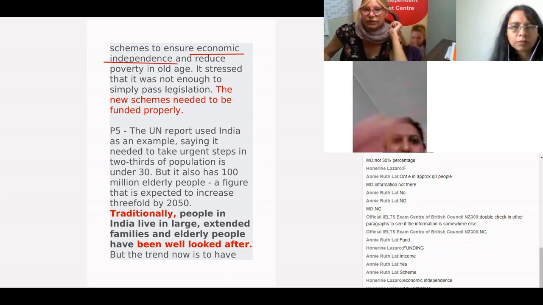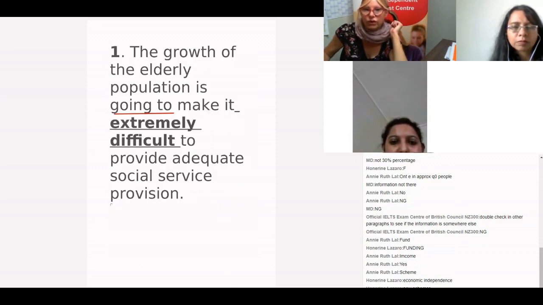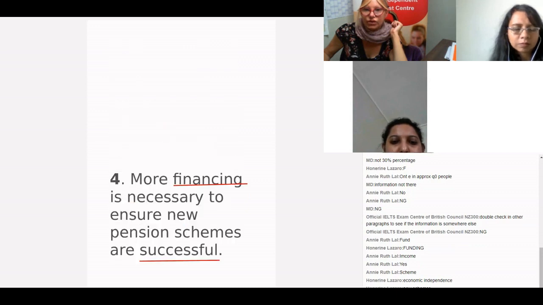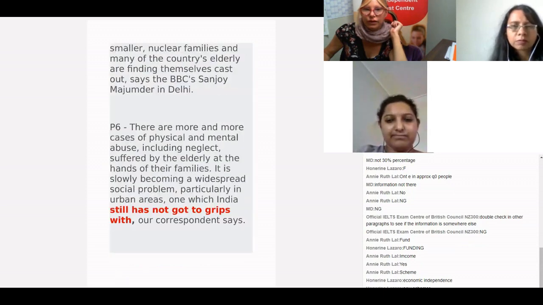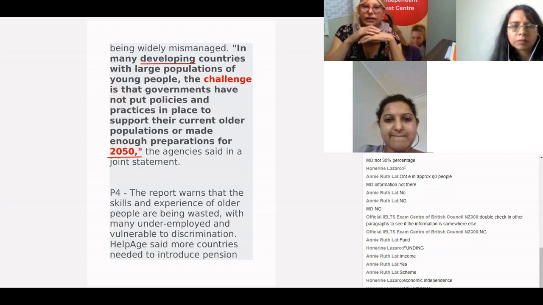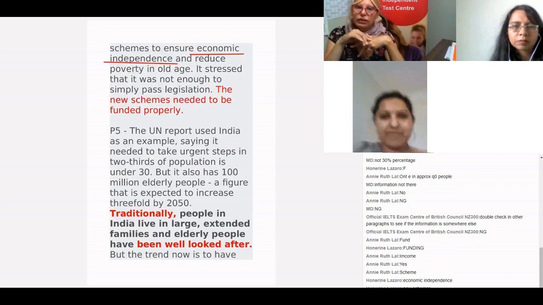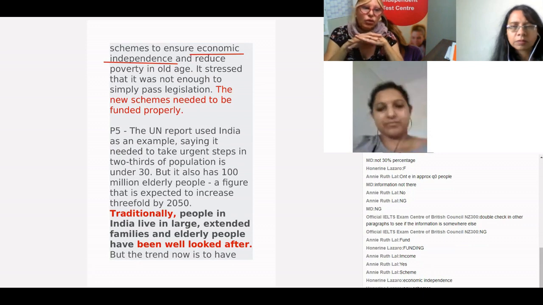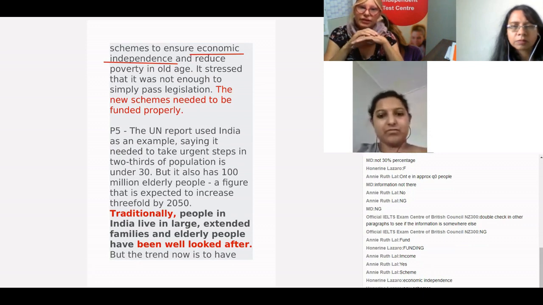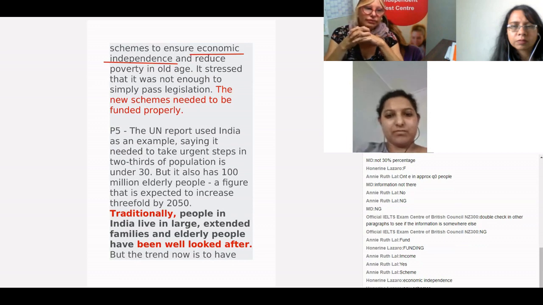New schemes, okay, not quite. I'll just show you the statement again. More financing is necessary to ensure new pension schemes are successful. Can we find another word there in paragraph 4?